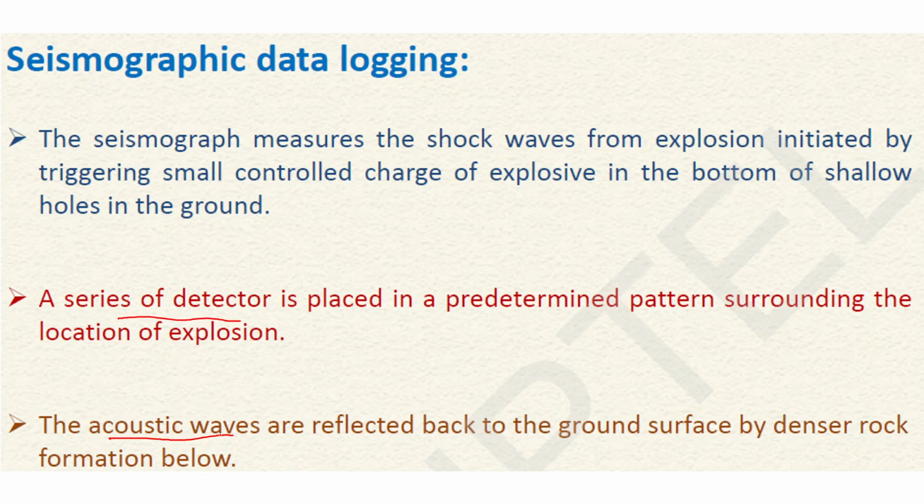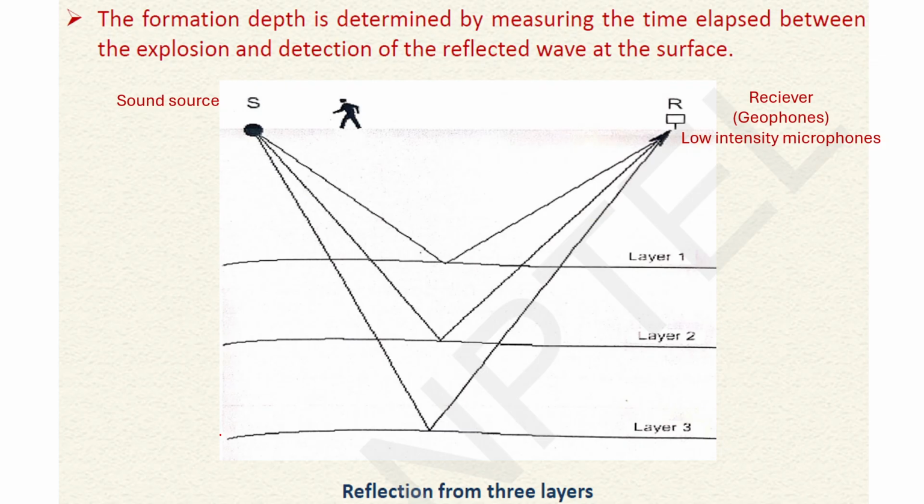When these signals are incident on the reservoir rock, these reflected waves are sent back and recorded in the detector, and using this seismographic data, we can determine whether that crude oil is there or not.